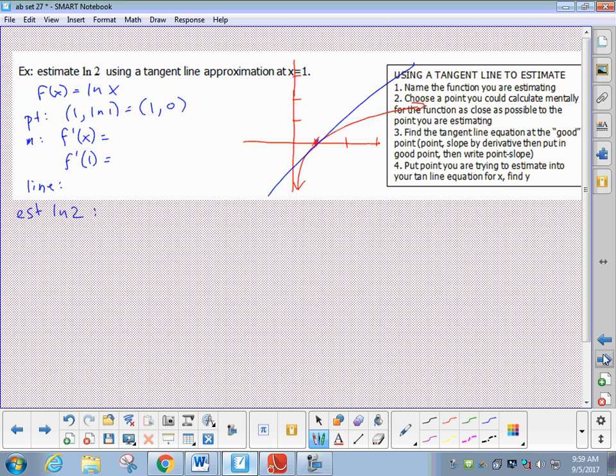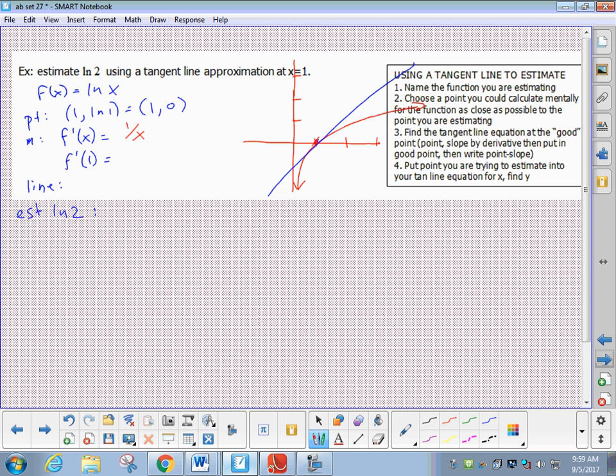So, they say to approximate it with a tangent line at 1. So if the x is 1, then the y is natural log of 1, which is 0. Okay. The derivative. What's the derivative of natural log? 1 over x. Please make sure you labeled your work properly. The derivative at x, then the derivative at 1.